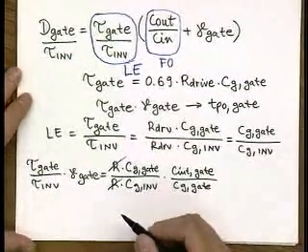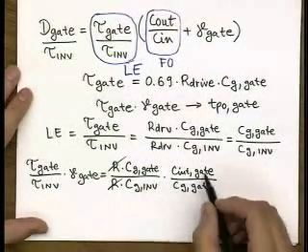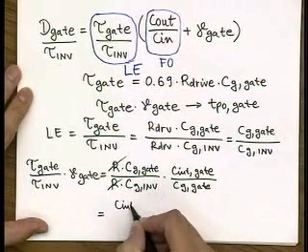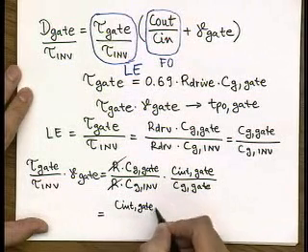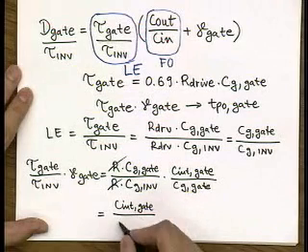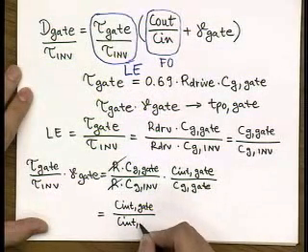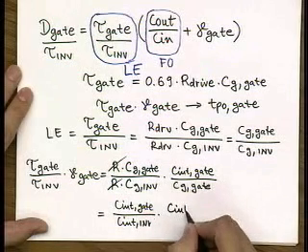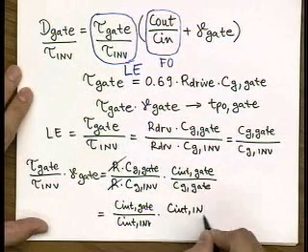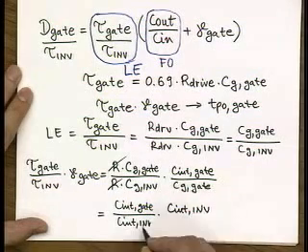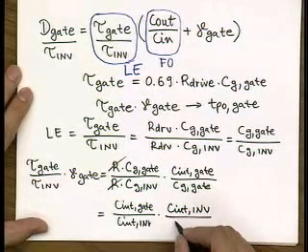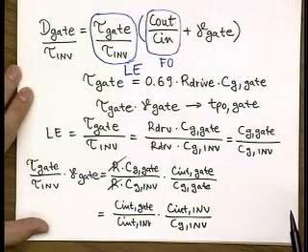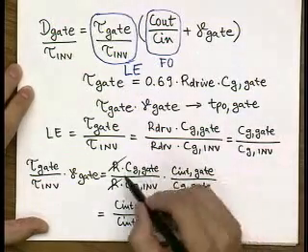Now we have C intrinsic of a gate divided by C intrinsic of an inverter, times C intrinsic of an inverter divided by CG of an inverter. I'm just inserting this term, C intrinsic of an inverter, so that these two go away.